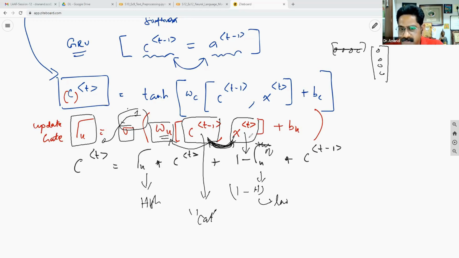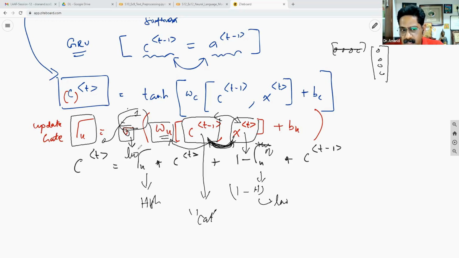Some other words which are in no way related to the cat, a comparatively less significant token. What actually happens in this operation? I told you it could be treated like a correlation. If your current input representation, the word embedding of the current token, and the memory unit of tokens have a very low match, less correlated, naturally the sigma of this is going to give me a low value close to 0.